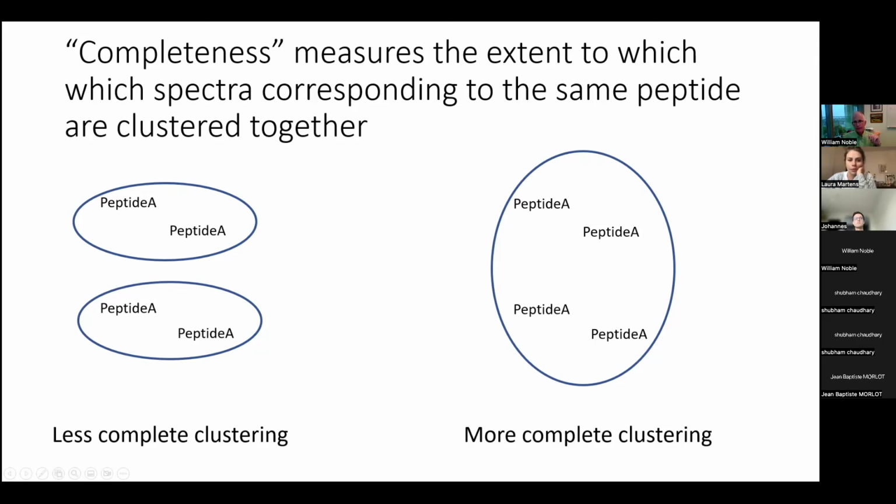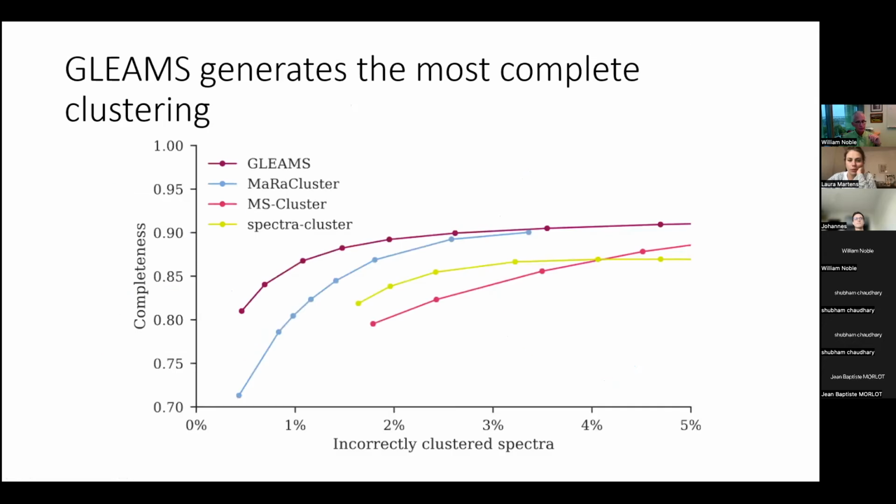And in that regard, Gleams does very well. So we're getting basically larger clusters that gather more spectra together, and we do better than all of the other methods across a range of percentages of incorrectly clustered spectra.